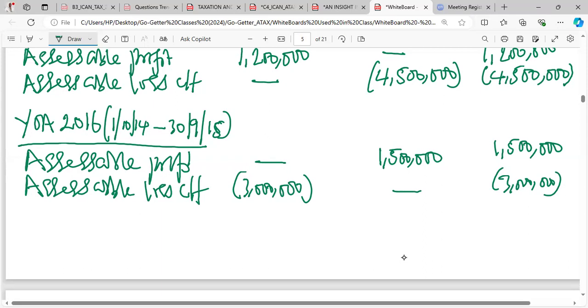It now had a profit. So it's going to bring that loss now. You would now say loss brought forward. There's no loss brought forward here. Loss brought forward here is 4.5.